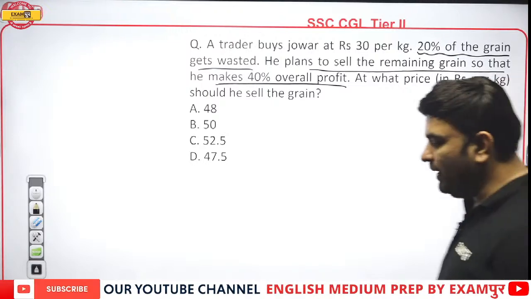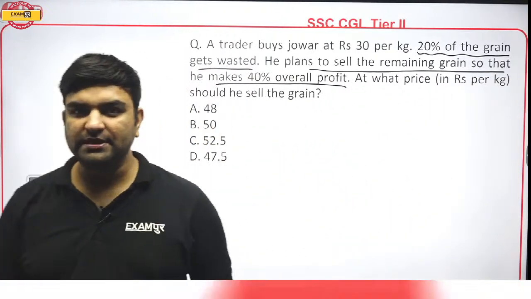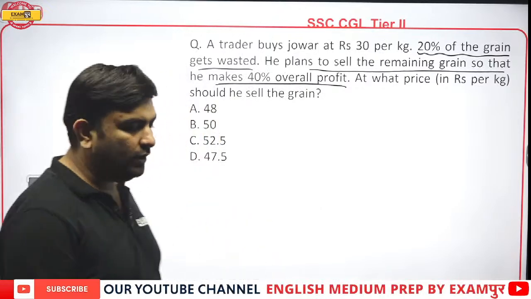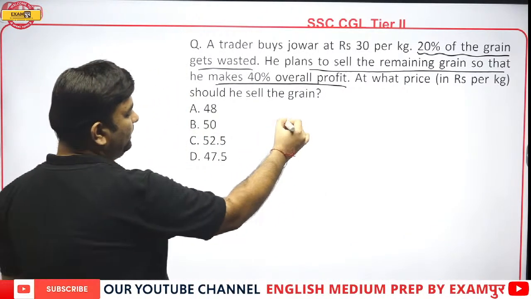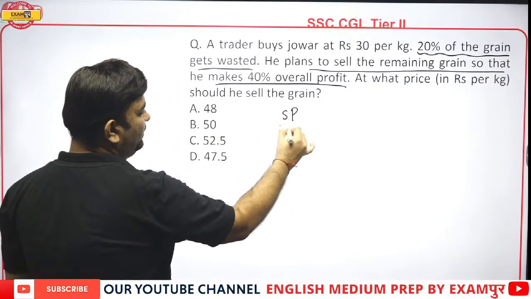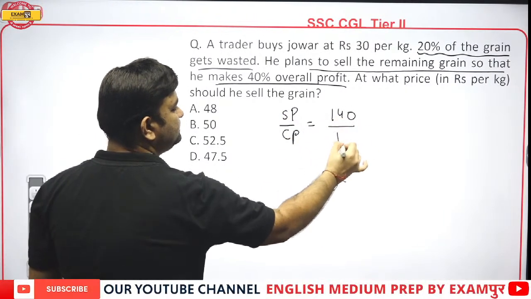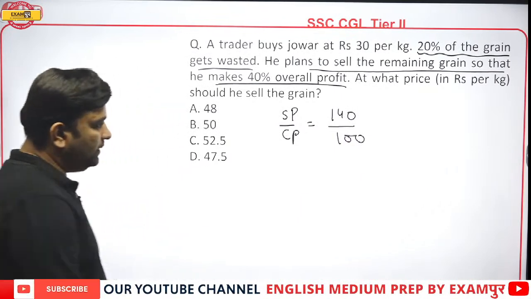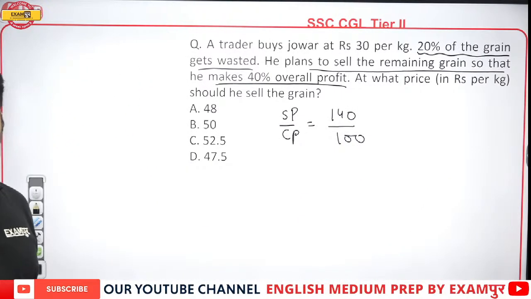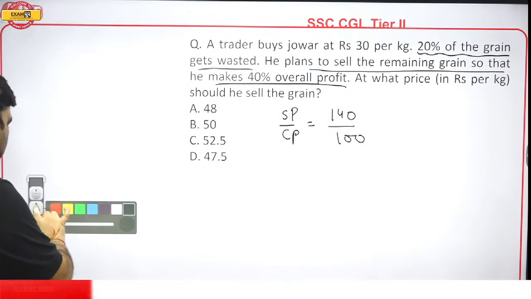So if he wants to make 40% profit, you know that SP over CP should be 140 over 100.